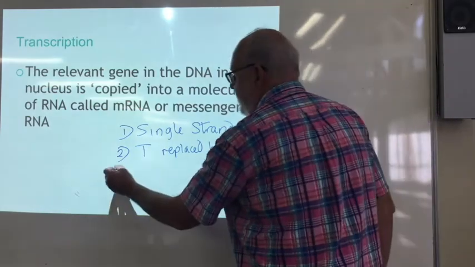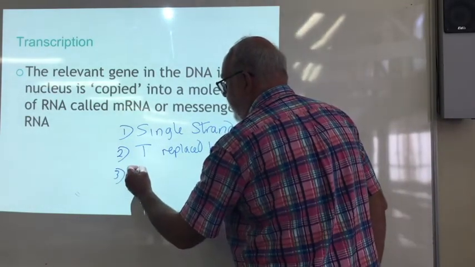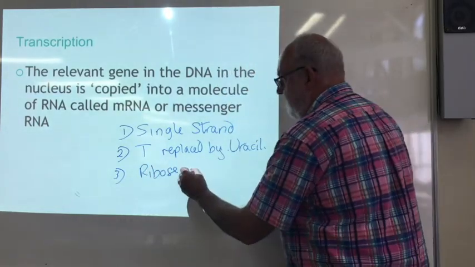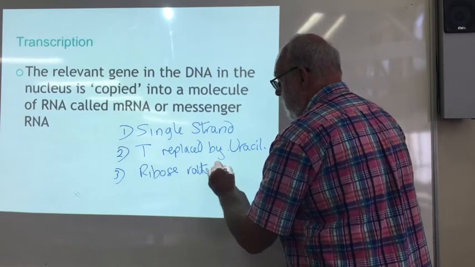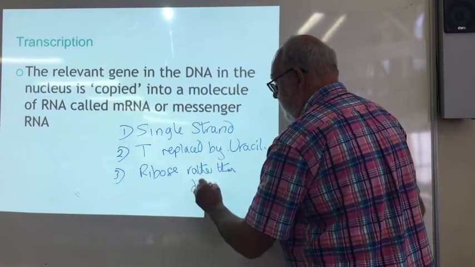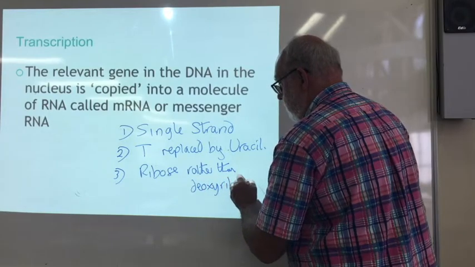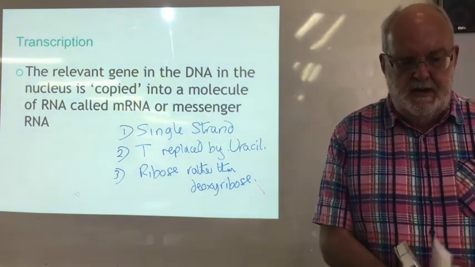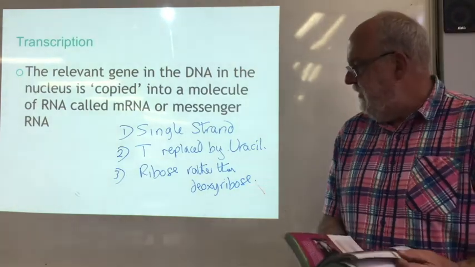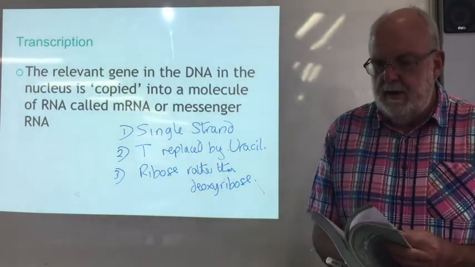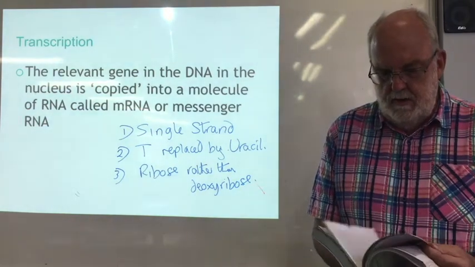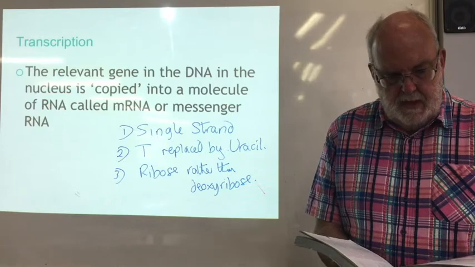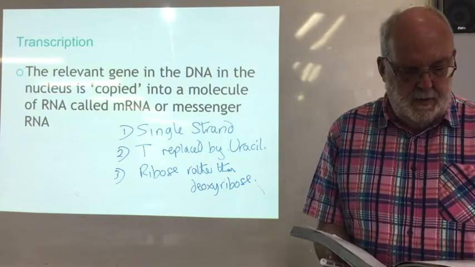And the third difference is that the sugar is ribose rather than deoxyribose. And again, you don't need to know the structural difference between ribose and deoxyribose, but you can find it if you look back at the work we did last week at the bottom of page 112.